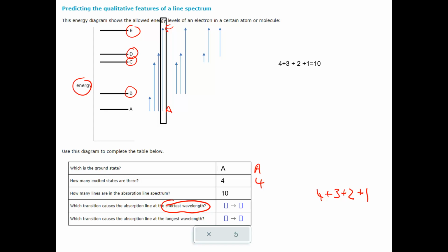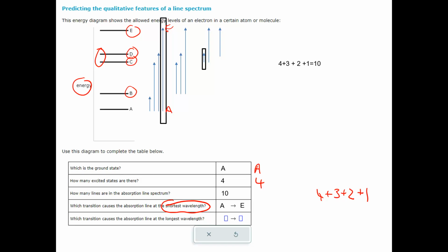Okay. So the next question reads, what transition causes the absorption line at the longest wavelength? By this we mean which one is the shortest, which one covers the smallest amount of energy. And I hope you recognize that it's going to be C moving up to D, right?